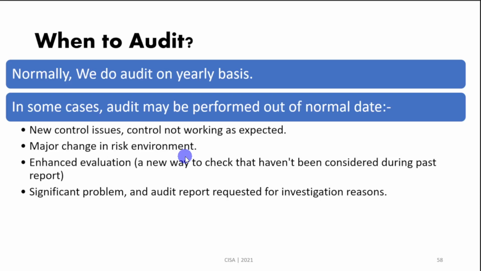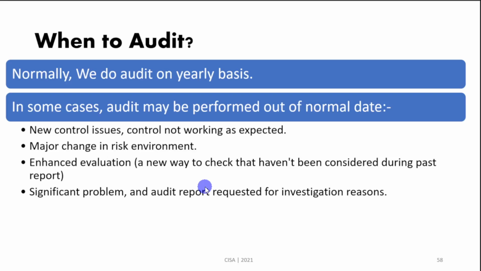We also do an audit outside the normal schedule in case we have an enhanced evaluation method. For instance, we did an audit using a certain method, and during the year we discovered that the way we did the audit was not very accurate and not optimal.